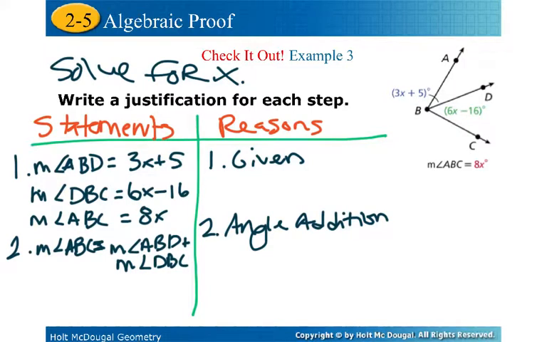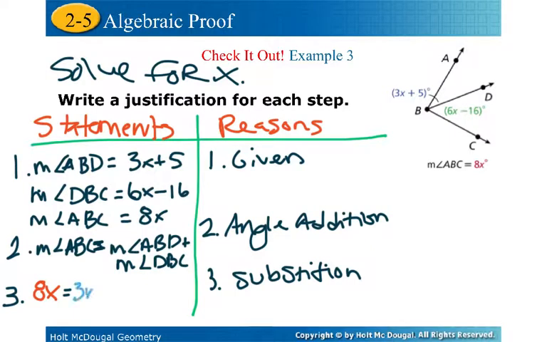Then in the next step we can go ahead and do our substitution. So now we can be setting it up for solving. So instead of the measure of ABC, I'll go ahead and do 8x. Instead of the measure of angle ABD, I'll end up doing 3x plus 5.